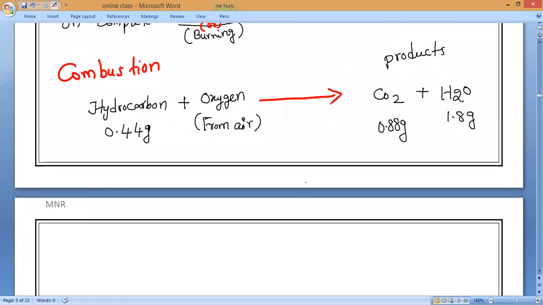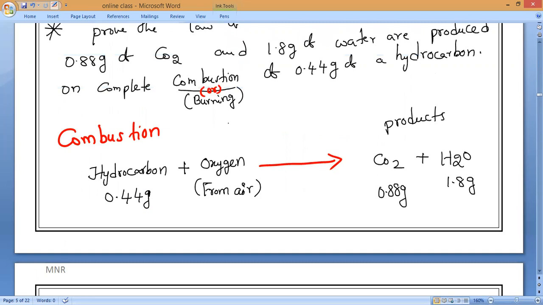But here, if you notice, I am giving just how much hydrocarbon? 0.44 grams. This is equal to what here? 0.88 and 1.8 grams. So the remaining mass comes from whom? Oxygen only.